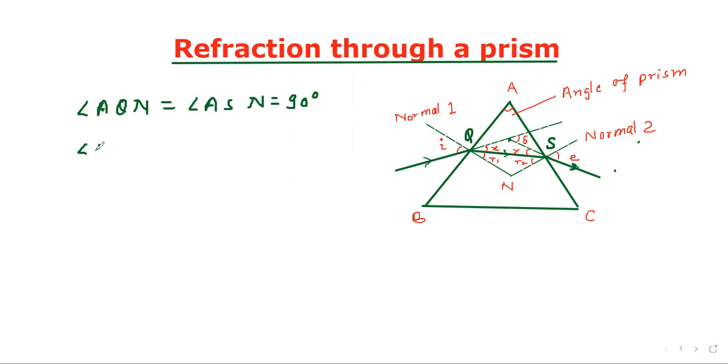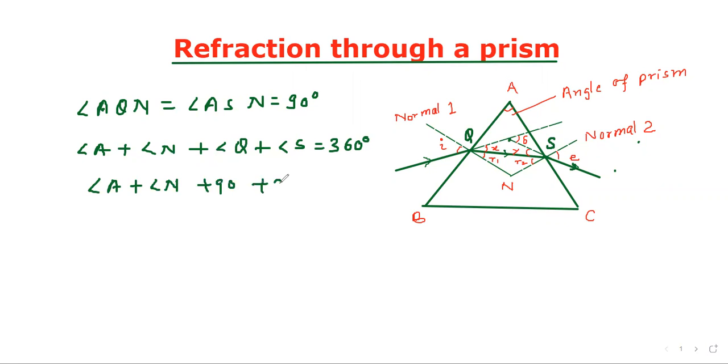So angle A plus angle N plus angle Q plus angle S equals 360 degrees. But angle Q and angle S are 90 degrees each. So A plus angle N plus 90 plus 90 equals 360, or angle A plus angle N equals 180 degrees.